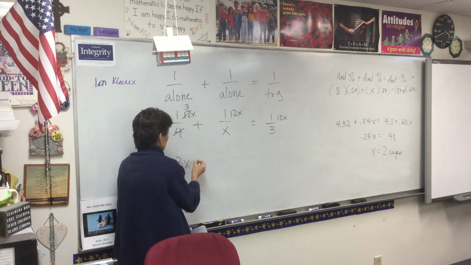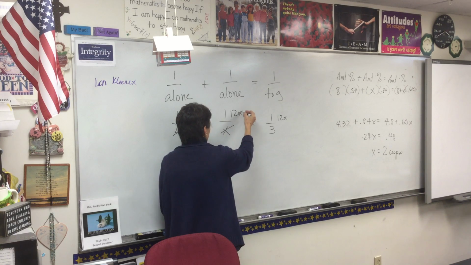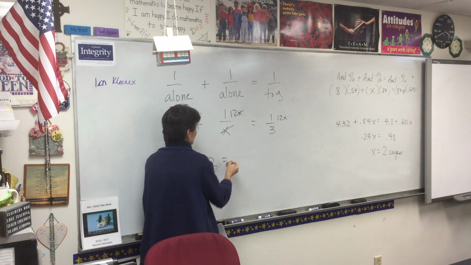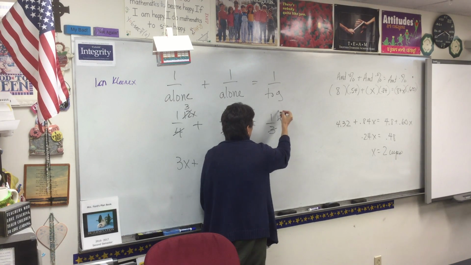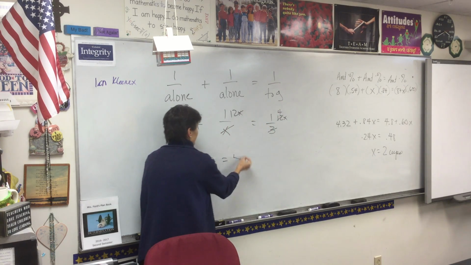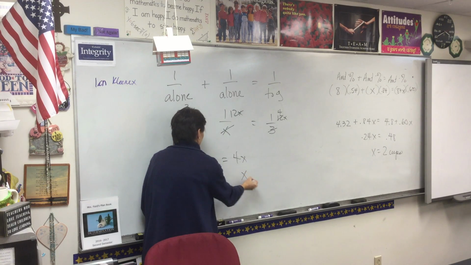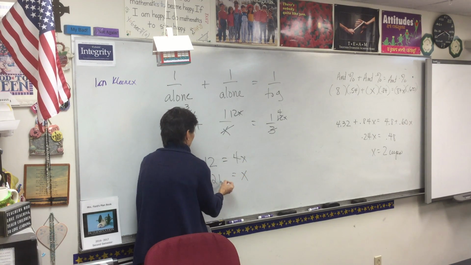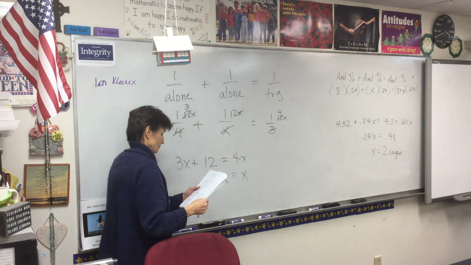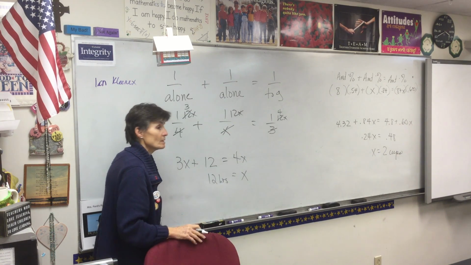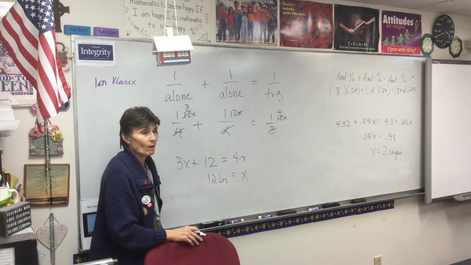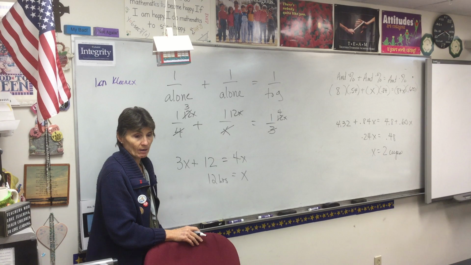So 3x. The x's are gone. 12. 3 goes into 12 4 times. 4x. Do you subtract the 3x? So x equals 12 hours. Right, hours, yep. So it takes Zach 12 hours to do it by himself.